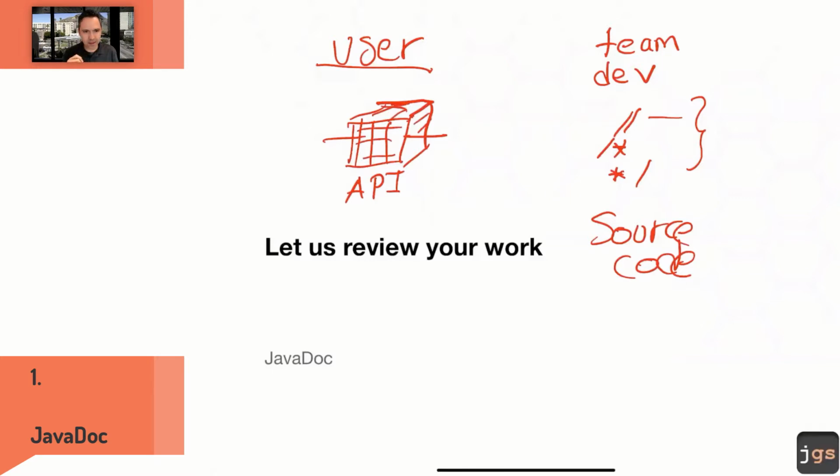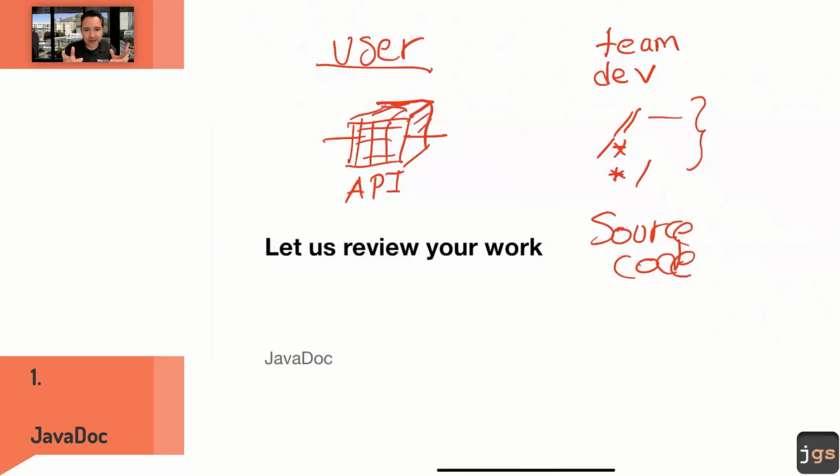What do you read? The Javadoc documentation of the class vector, of the class map. You read these things that, even though they are in the source code, those comments become a web page, and that comment is the instruction for you, the users.